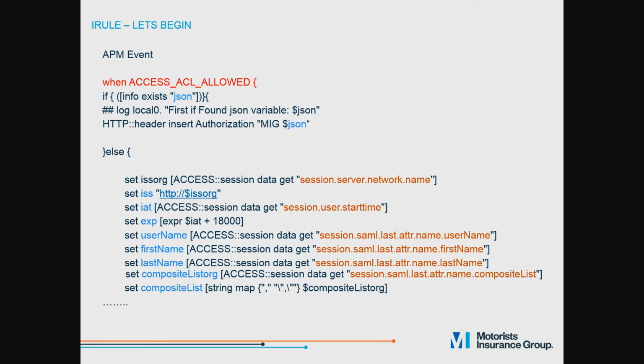I don't know how many of you tried it before, but if you get something from APM and it's an array value from Okta or any other IDP, it inserts pipes between each value. So that's an example of why we use string map. So we replace those pipes. There are spaces, there are extra commas, extra colons. We inserted more double quotes to make it look like a key value pair according to the JWT standards.